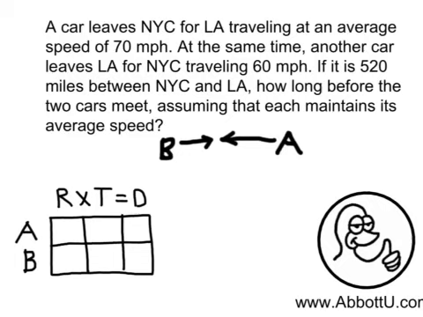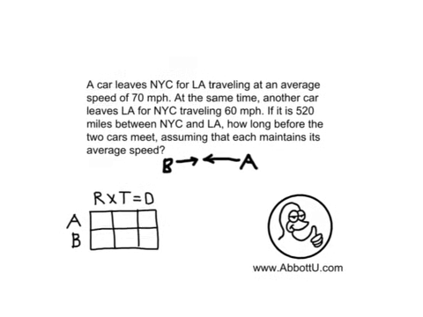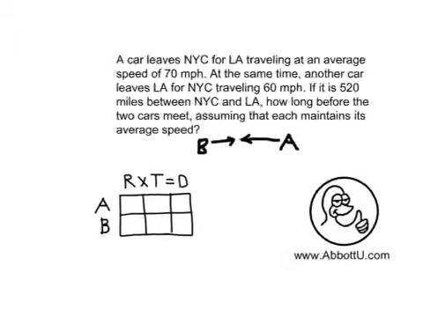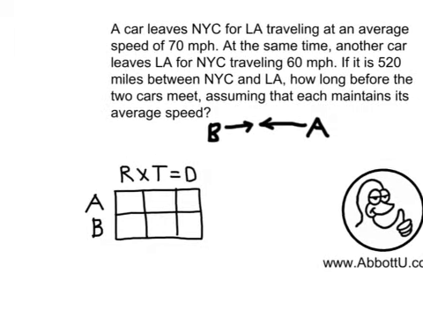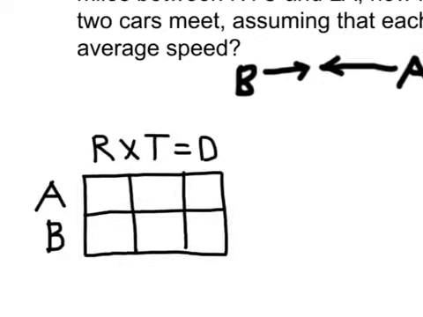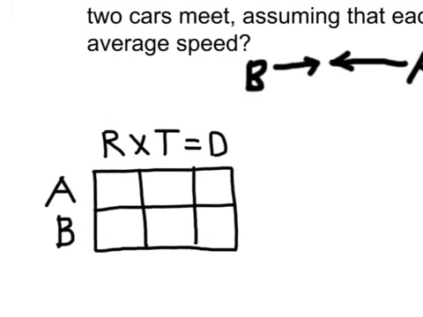Okay, so moving on to the chart. Car A leaving from New York City towards LA travels at a speed of 70 miles per hour, so we can go ahead and fill that part in. Over here, that's 70 miles per hour.